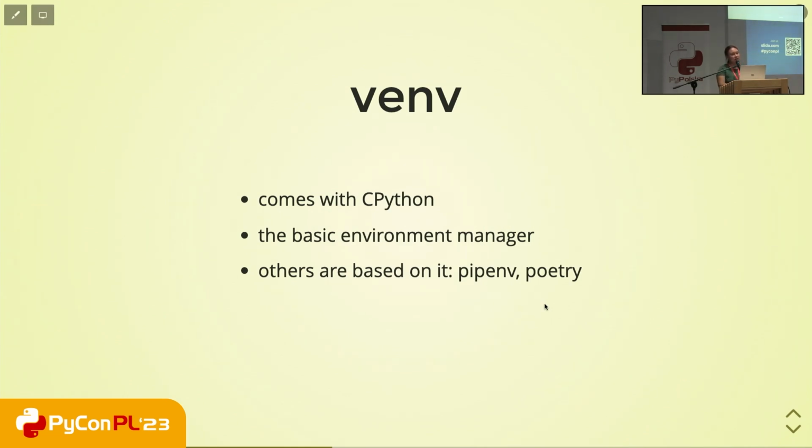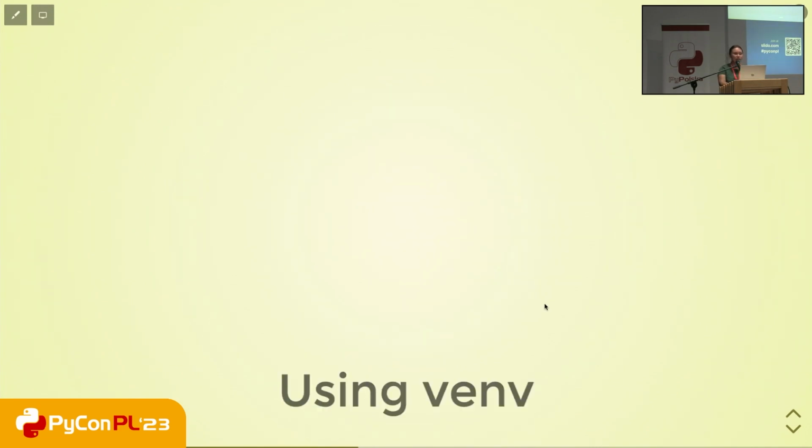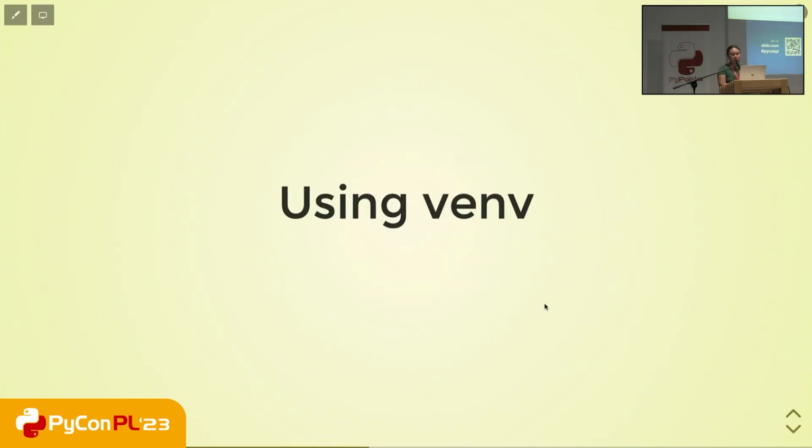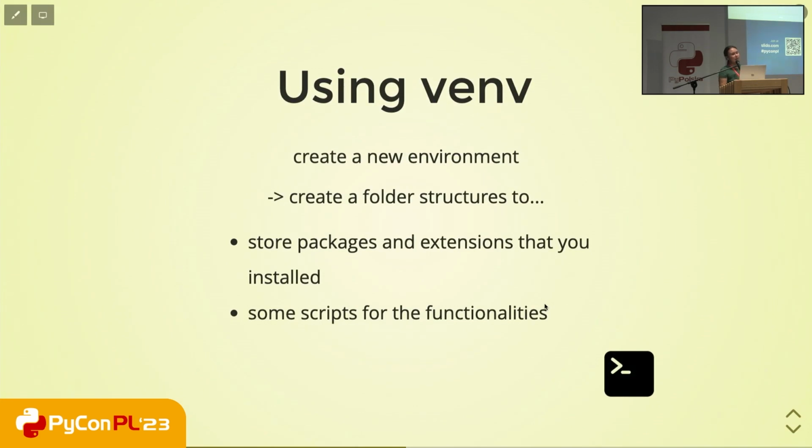They are designed for managing your Python environment. That's why I think it's worth looking at venv, because venv is standard and a lot of different libraries are based on it. It's very simple. Understanding venv will help you understand other things.